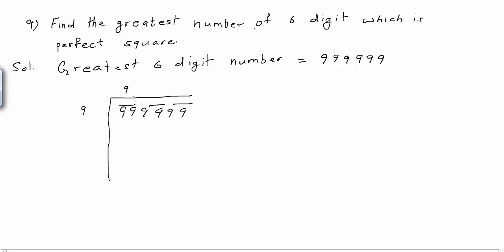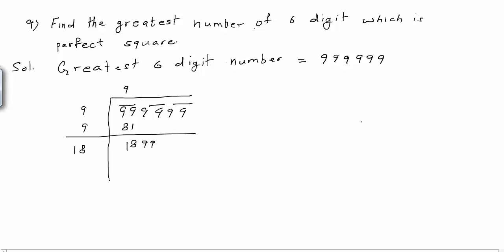Nine nines are 81. This 9 I will add. 9 plus 9 is 18.